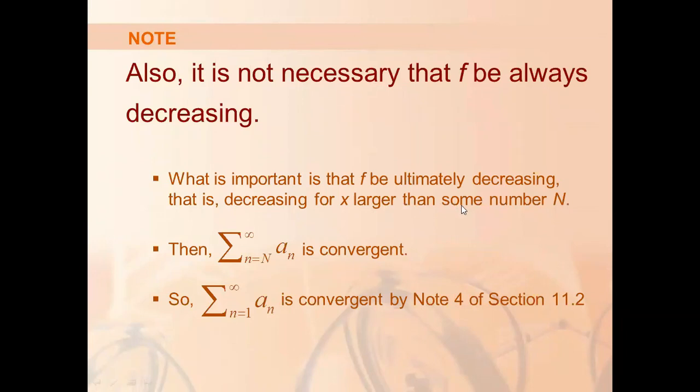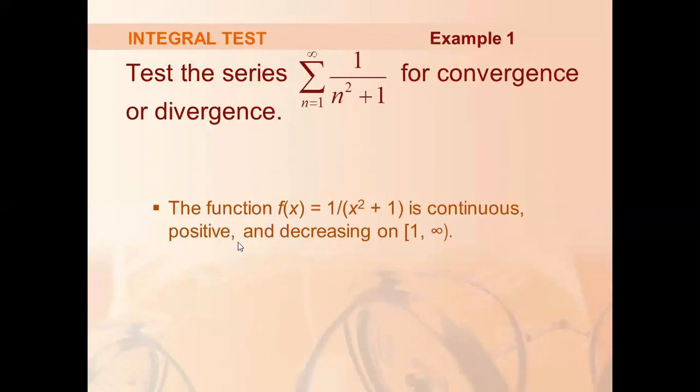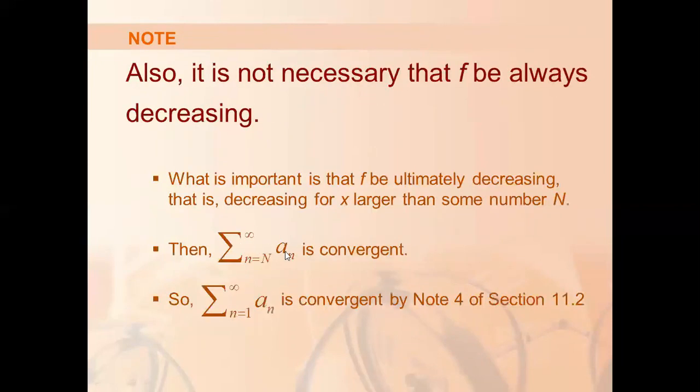But we are concerned with all the values of x that lie after the number capital N. For all values of x larger than this number N, f must be decreasing. That is, f must be eventually or ultimately decreasing. Then the series is convergent from n equal to capital N to infinity, and this convergence is given by the note of section 11.2.